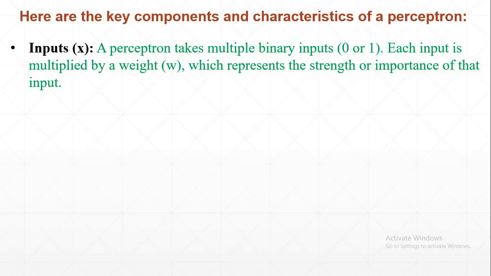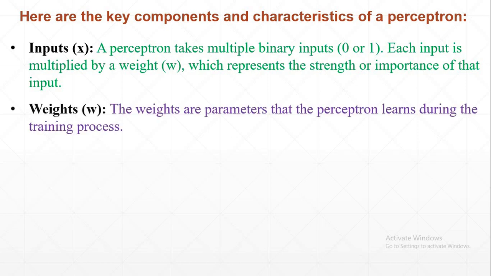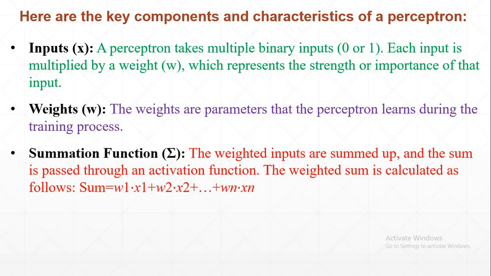Let me explain input a little more. A perceptron takes multiple binary inputs like 0 and 1. Each input is multiplied by the weightage, which represents the strength or importance of the input. The weightages are the parameters that the perceptron learns during the training process.